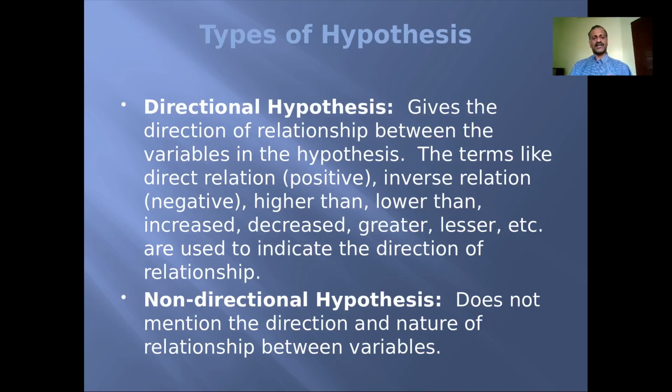For example, there is a significant increase in the knowledge of mothers after an educational program compared to the pre-test value. So there is an increase. Or we say that there is a significant decrease. One is greater than, or the other one is lesser than. So these are the directions that we are giving. So we can test the direction, whether it is increasing or decreasing.